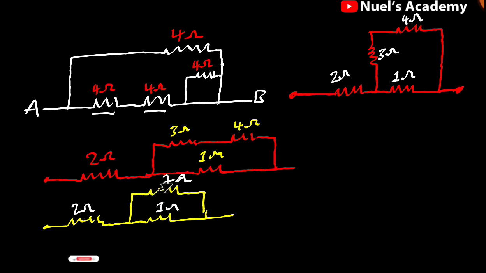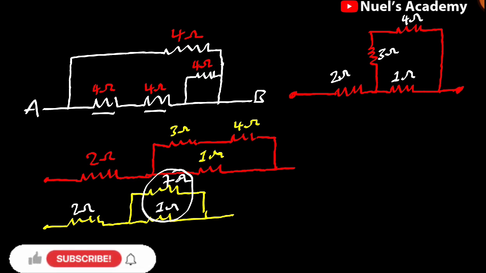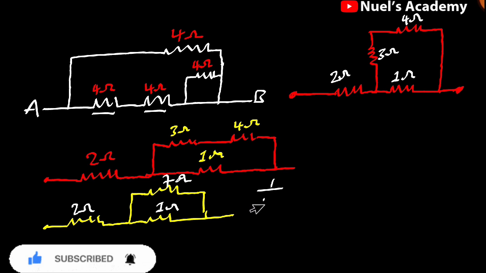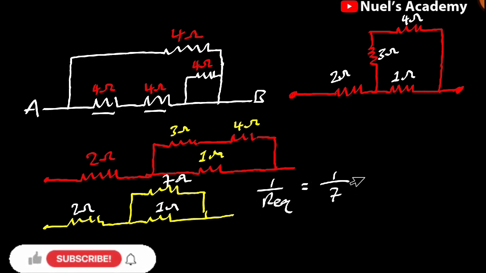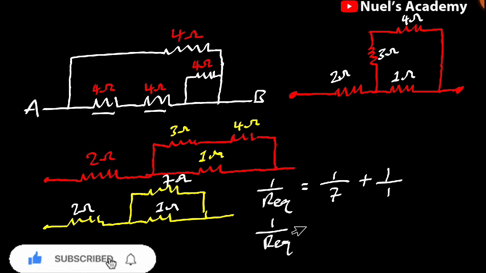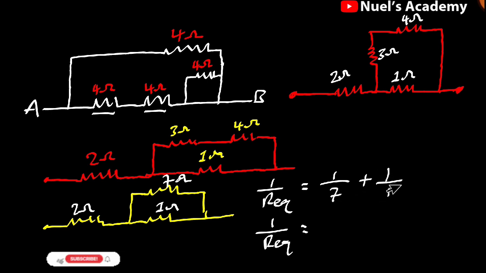Now, first to find the equivalent resistance here, we're going to use the parallel equation, because these 7 ohms and 1 ohm are connected in parallel. So we have that 1 over equivalent resistance for parallel connection is equals to 1 over 7 plus 1 over 1. Let's assume that this is 7 over 7.